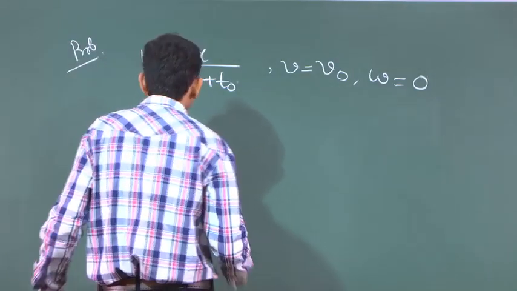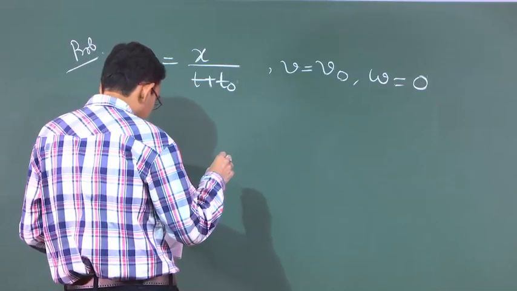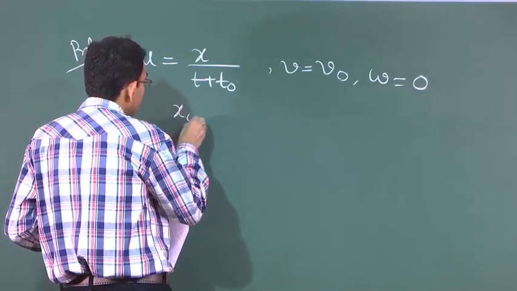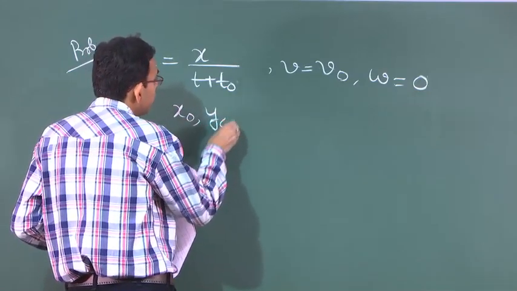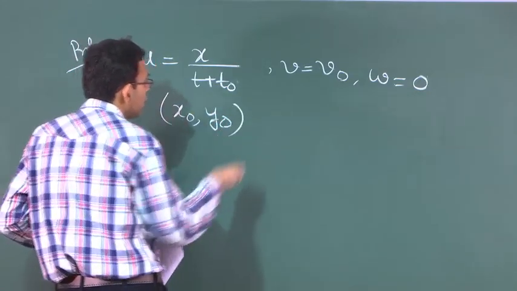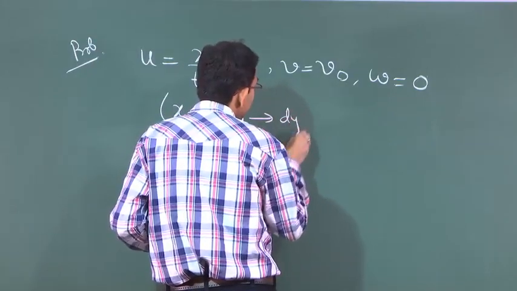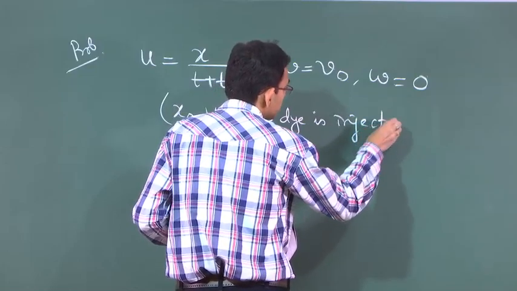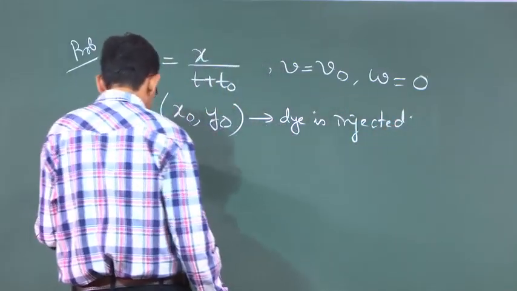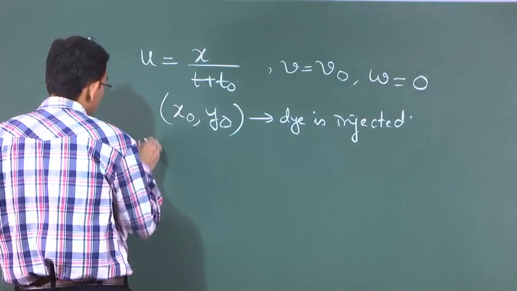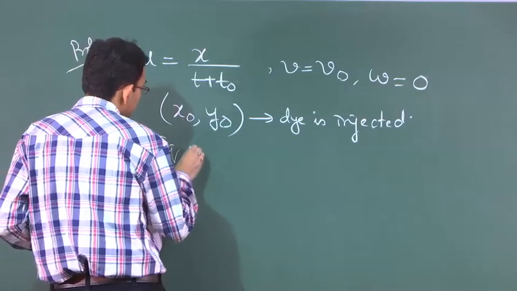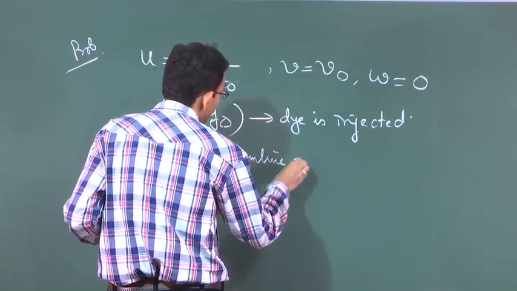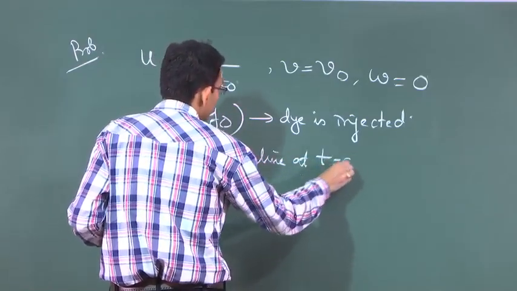Basically, there is a point x0 y0 at which a dye is injected, colored dye is injected. So, what you have to find out? Number 1, equation of streamline at t equal to 0.